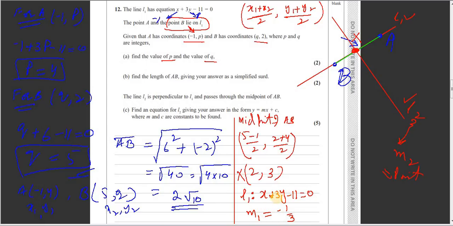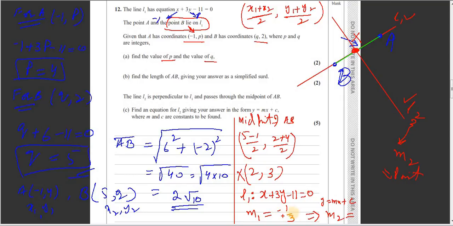You rewrite this equation in the form y equals mx plus c, and the coefficient of x would be the gradient, which is minus 1 upon 3. And if this is M1, because we have a perpendicular condition, M2 would be equal to, if we have perpendicular lines, then the gradient of the second line is found by taking the reciprocal of M1 and changing the sign.